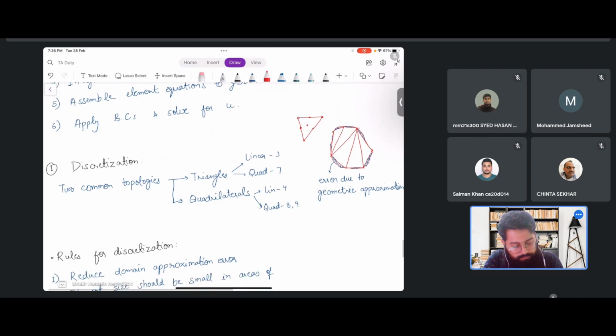The other type of topology is using quadrilaterals.